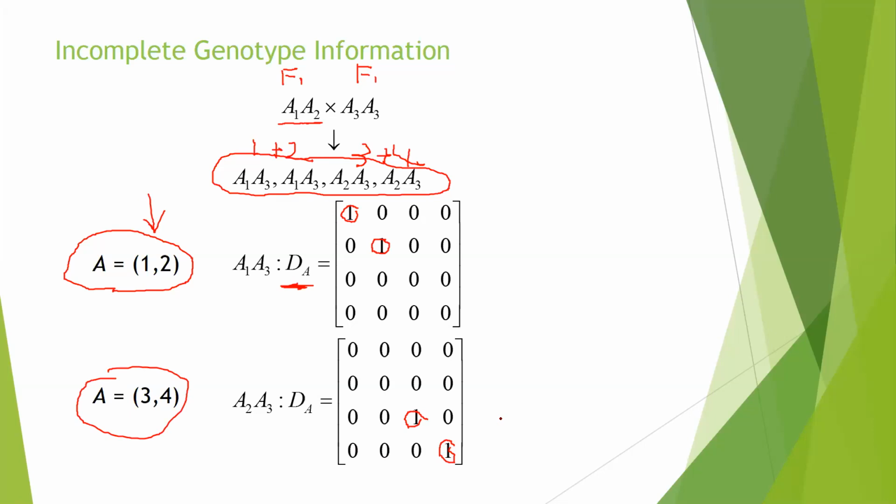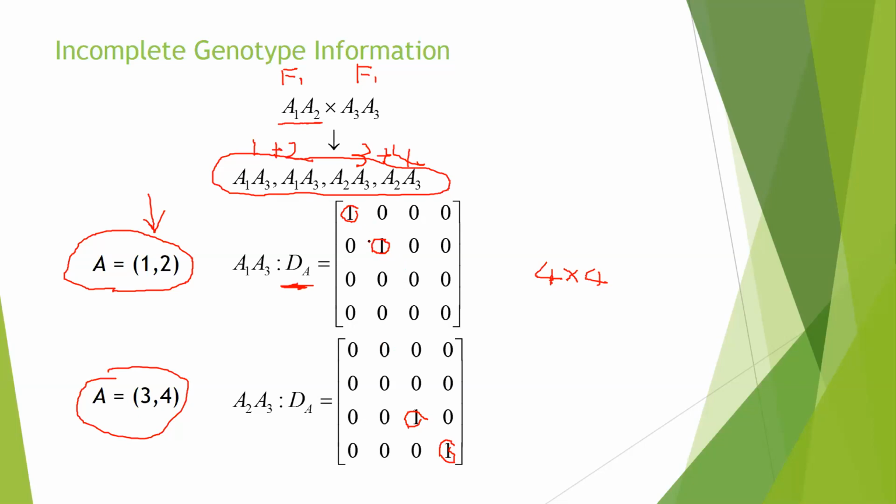The common thing is that for this kind of four-way design, special four-way design, or F2 design, we always use this 4x4 D matrix to denote the genotypes for any progeny. For the fully informed four-way design, we can use a very simple way to represent each genotype.